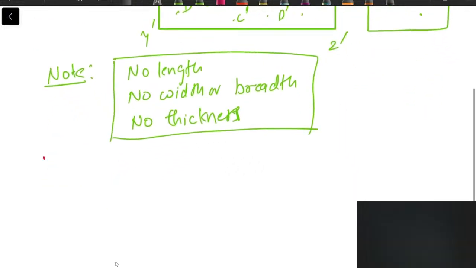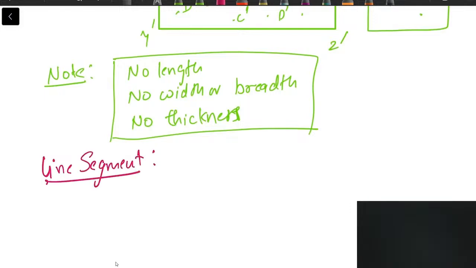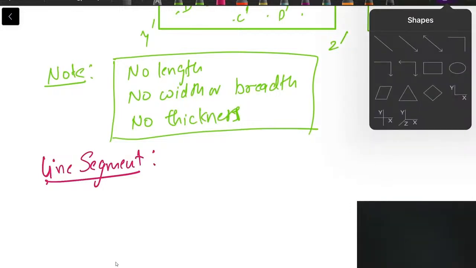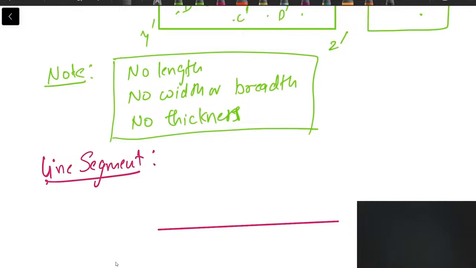What is a line segment? If we have 2 points, let's consider this is point A, and this is the last point, which I denote as point B. The line segment between the 2 points A and B is known as a line segment.